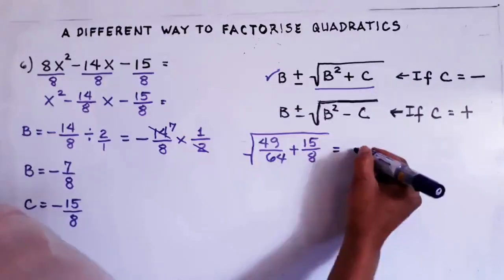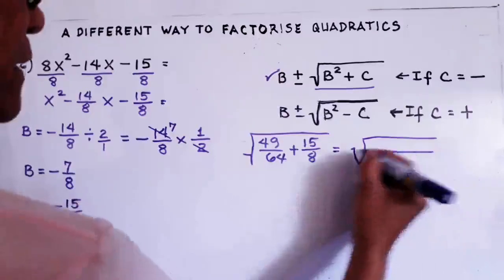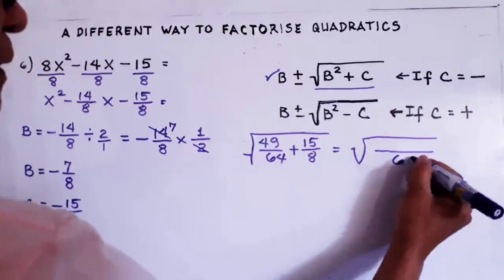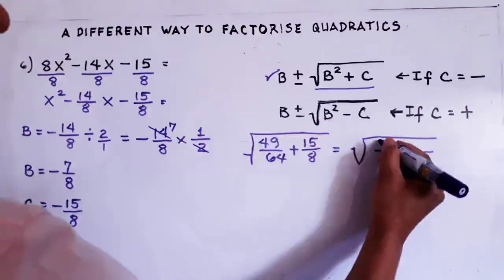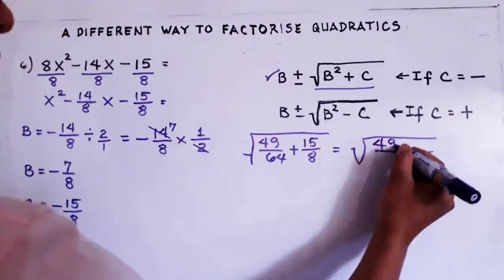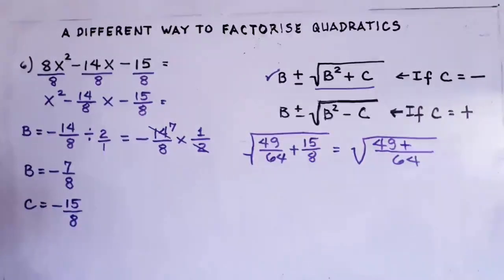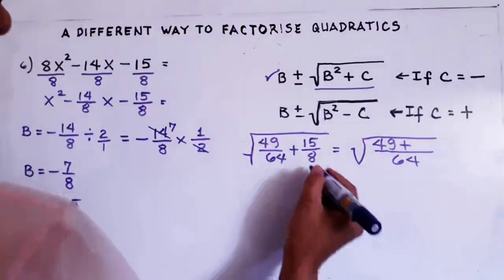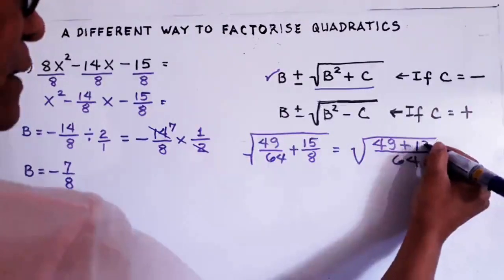So let's find the LCD, which is 64. 64 over 64 is 1 times 49 is 49, plus 64 over 8 is 8 times 15, 15 times 8, 120.